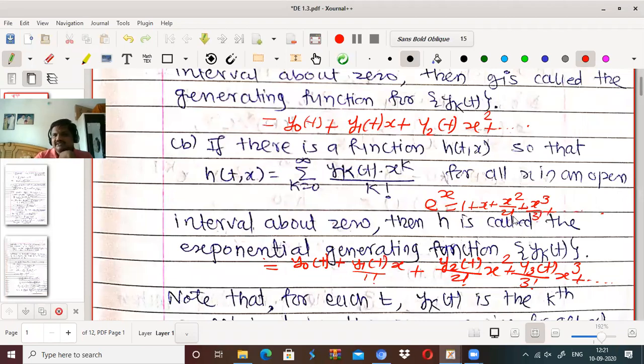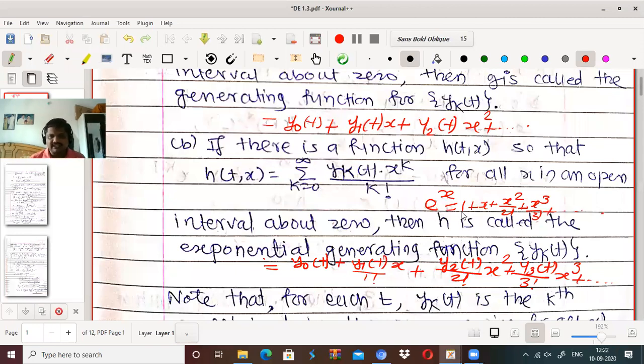So the factorial term is in the denominator. Such terms occur there, and this is the expansion of the exponential function e to the power x. That's why we are calling it exponential generating function.